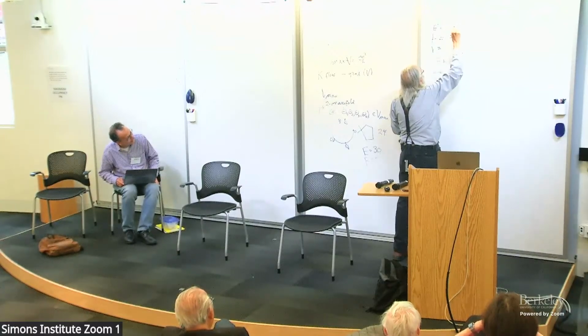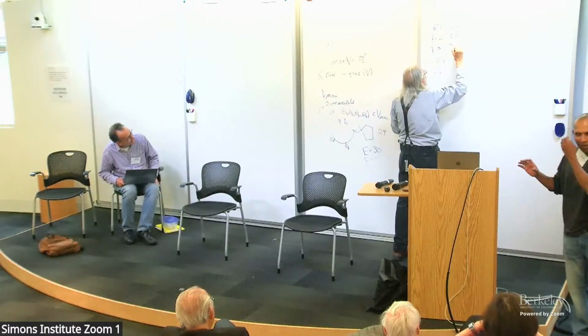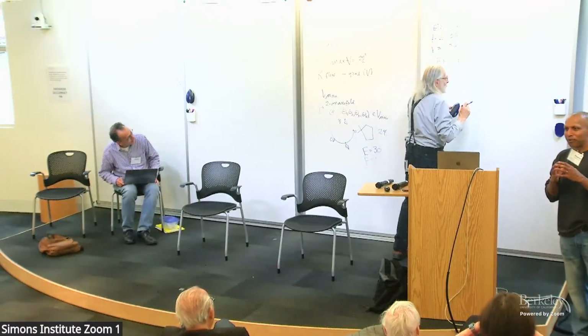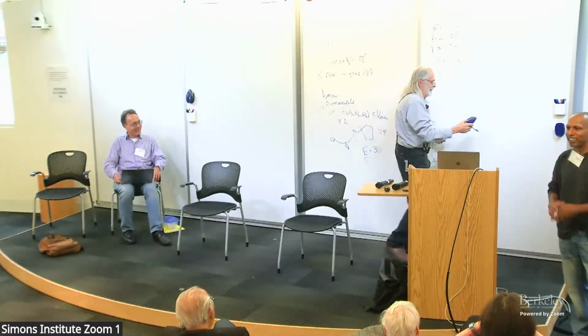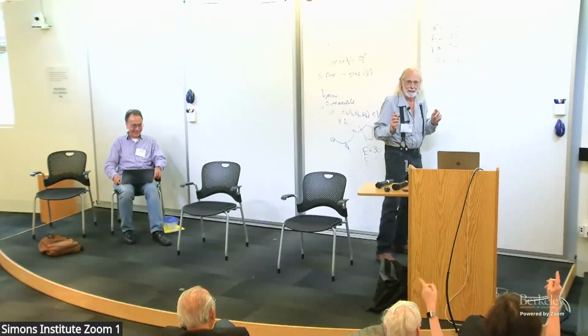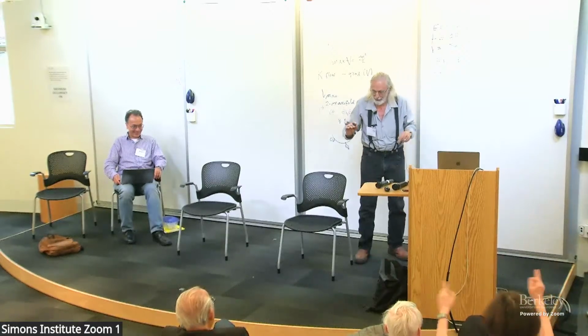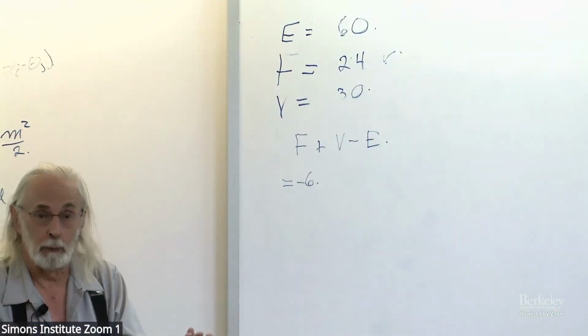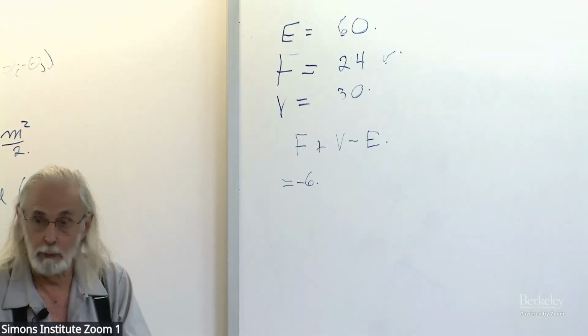Yeah, 6 times 5. Anyway, the point is, mathematicians aren't good at arithmetic. I'm a prime example. Don't ever go out to dinner with me.